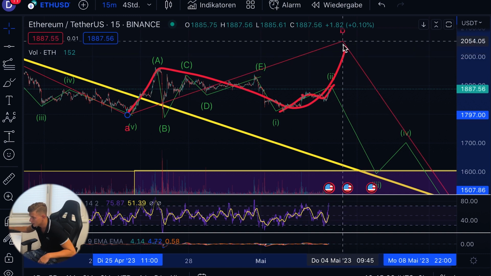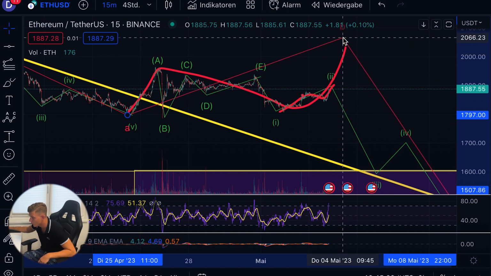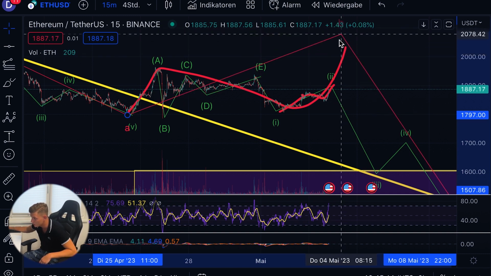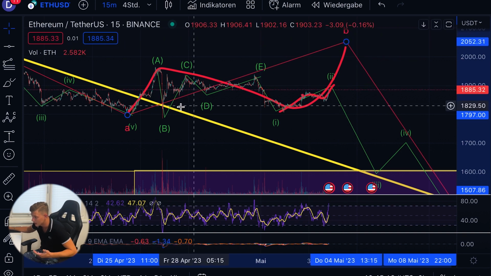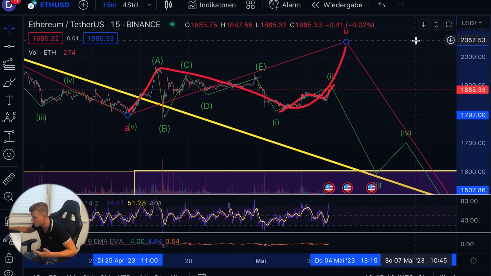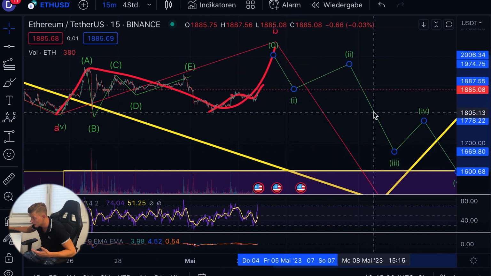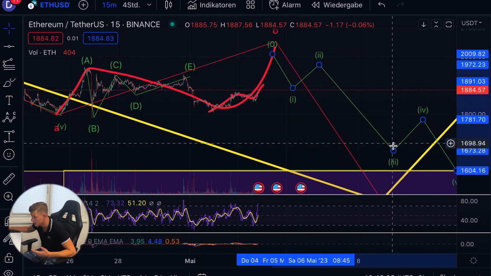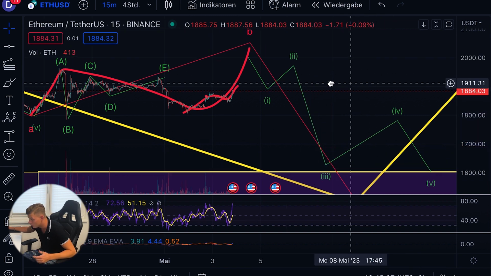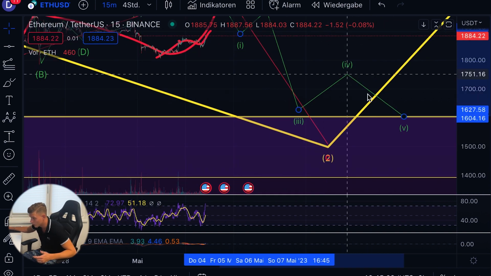We would run into a price area between, let's say, 2,000 and, let's say, maximum $2,100. That would be the price range where a larger B wave could bring us, but that would only lead to a next impulse towards the downside in the C wave afterwards. So that is the alternative option, and for Ethereum this could actually easily happen.